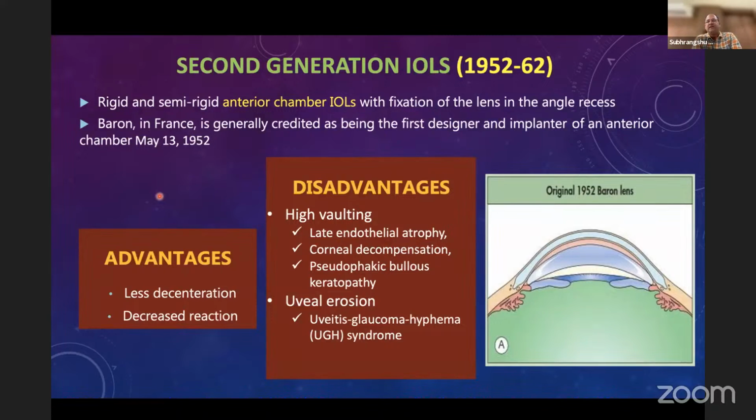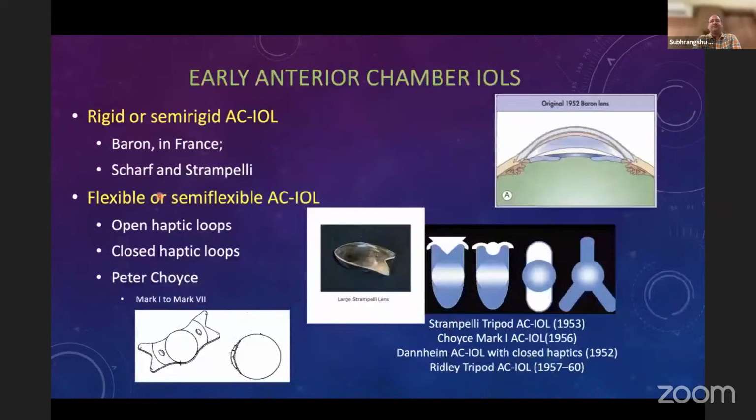Baron in France is generally credited as being the first designer and implanter of an anterior chamber IOL in 1952. Of course, the advantage was less decentration with decreased reaction, but disadvantages were many, like endothelial atrophy, corneal decompensation, PBK, and instances of the UGH syndrome.